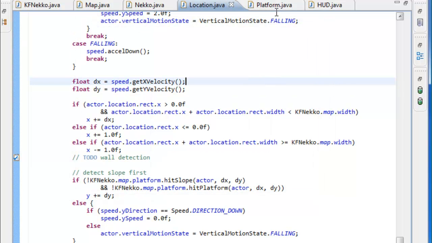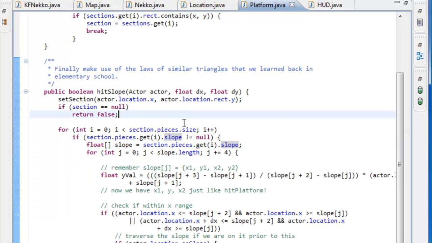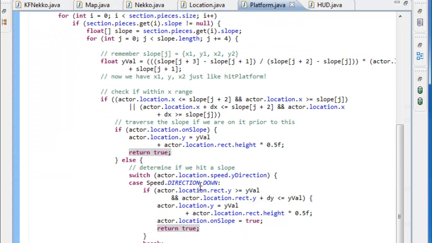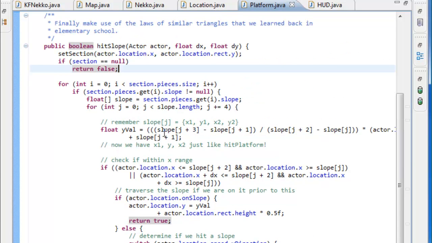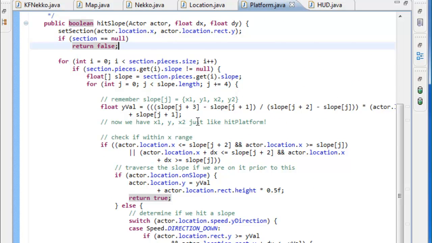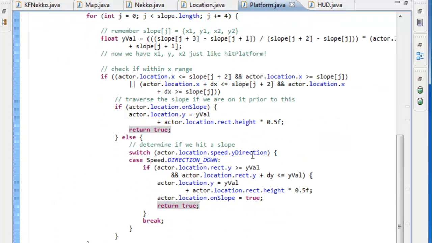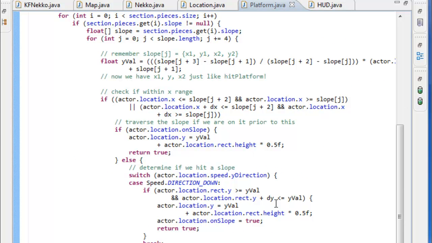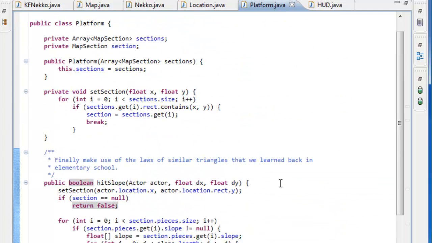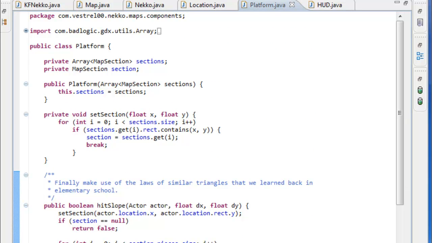Right, because if we go to our platform, we're still using the same Y location to check for slope detection as we are using for the platform horizontal detection. So the simple solution is just to declare this constant.